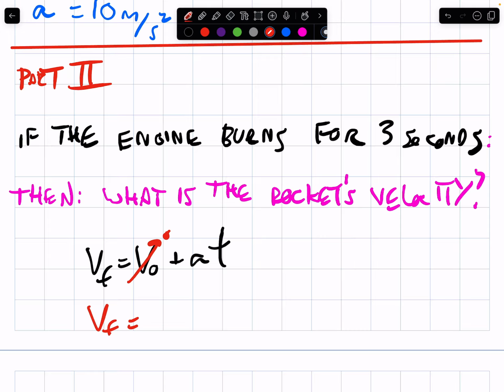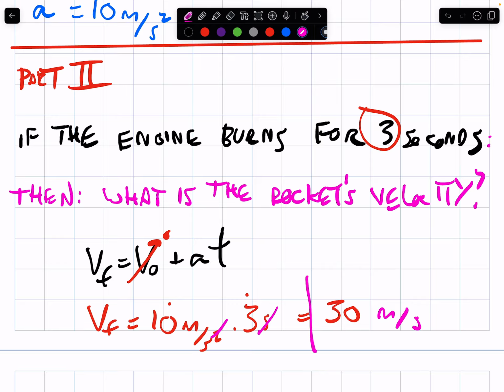The final velocity is going to be the acceleration of the rocket, which we just figured out is 10 meters per second squared, times, and the engine burns for 3 seconds. So 10 times 3 is 30. And the seconds here cancels with one of these guys. So I've got 30 meters per second.